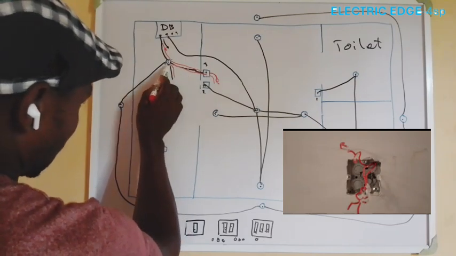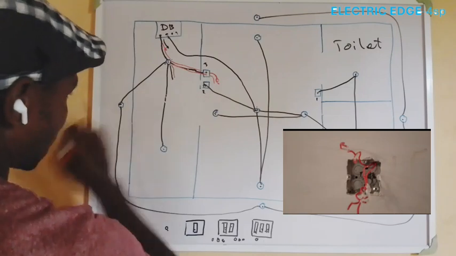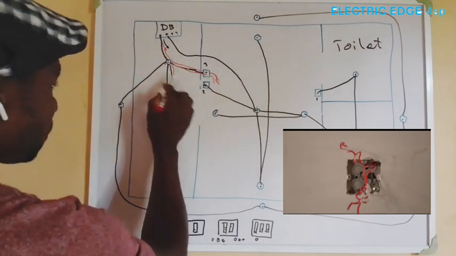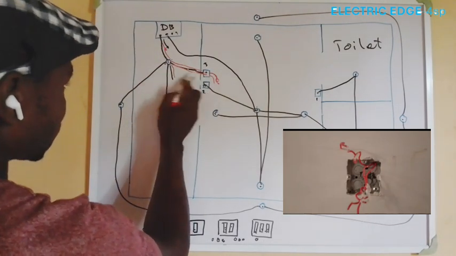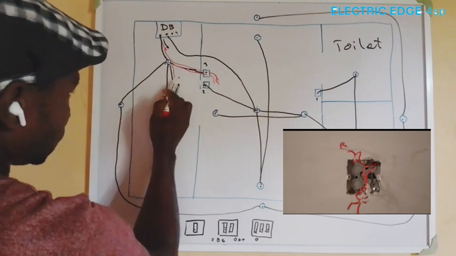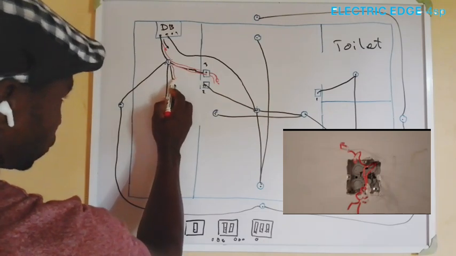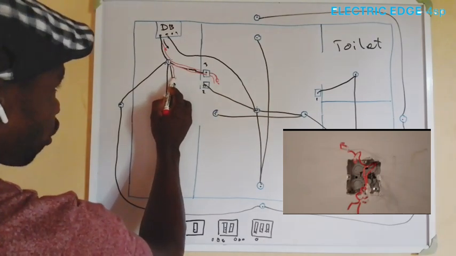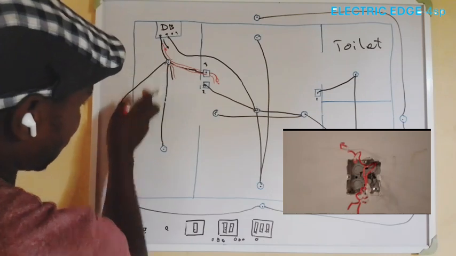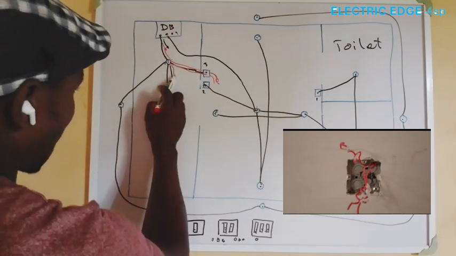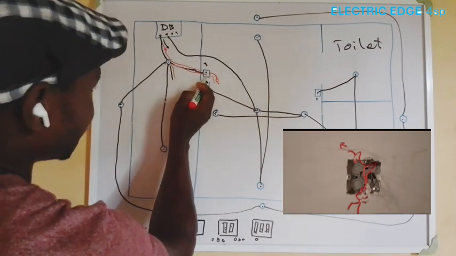This black is hanging here, it will join the black. Then here, if you want one of the gangs to be on, this will stop here. You will not continue another red from here to this point, because this one gang has come here. So another gang will start from the switch.